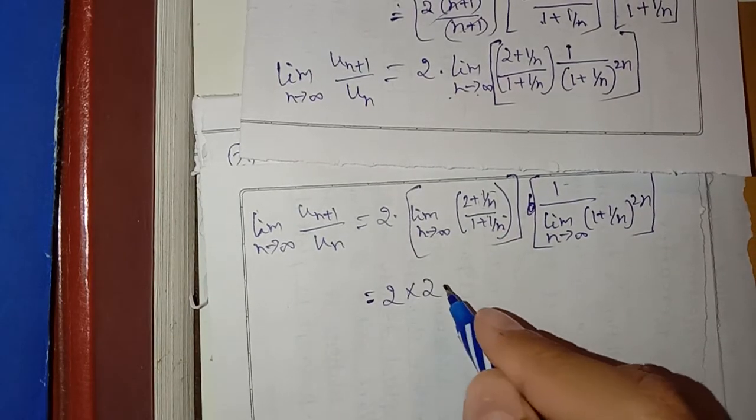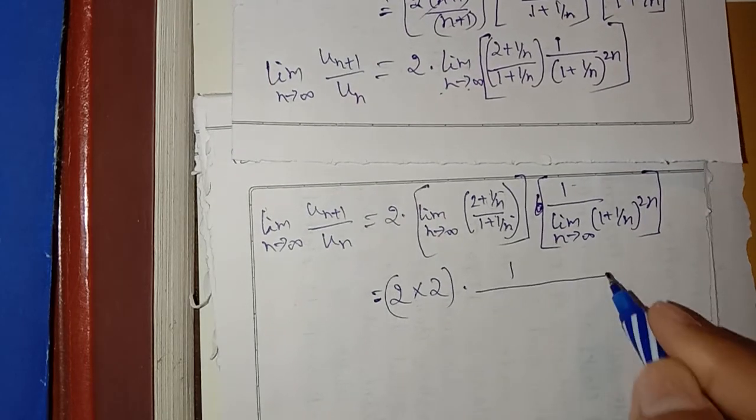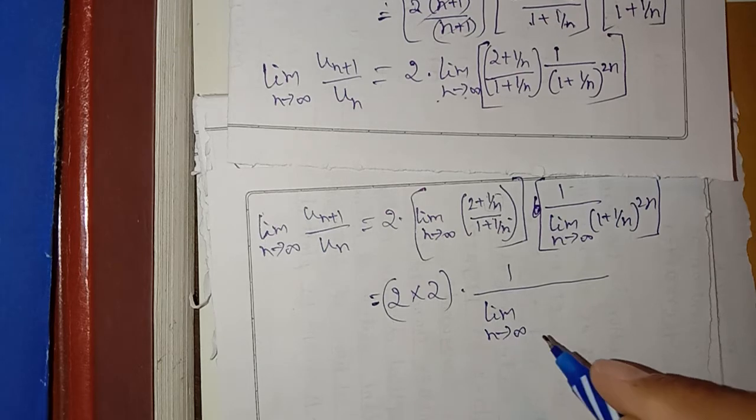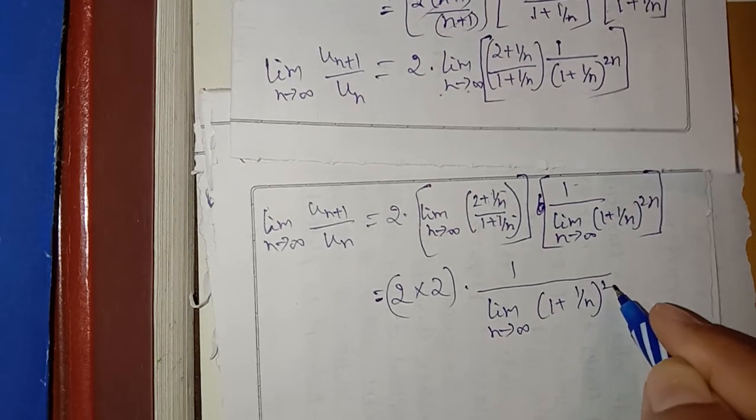So 2 into 2, into 1 divided by the limit as n tends to infinity of (1 + 1/n)^(2n).